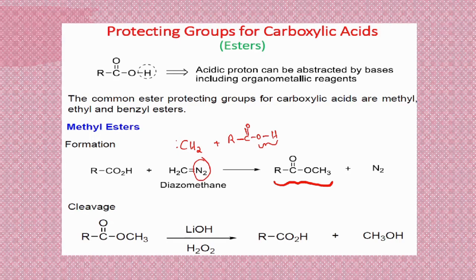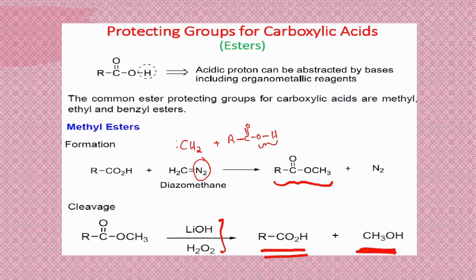And after the reaction, if you want to deprotect this particular group from this compound, we can do a hydrolysis reaction using lithium hydroxide and hydrogen peroxide, and this ester undergoes hydrolysis in the presence of these reagents, resulting in the formation of carboxylic acid and alcohol.